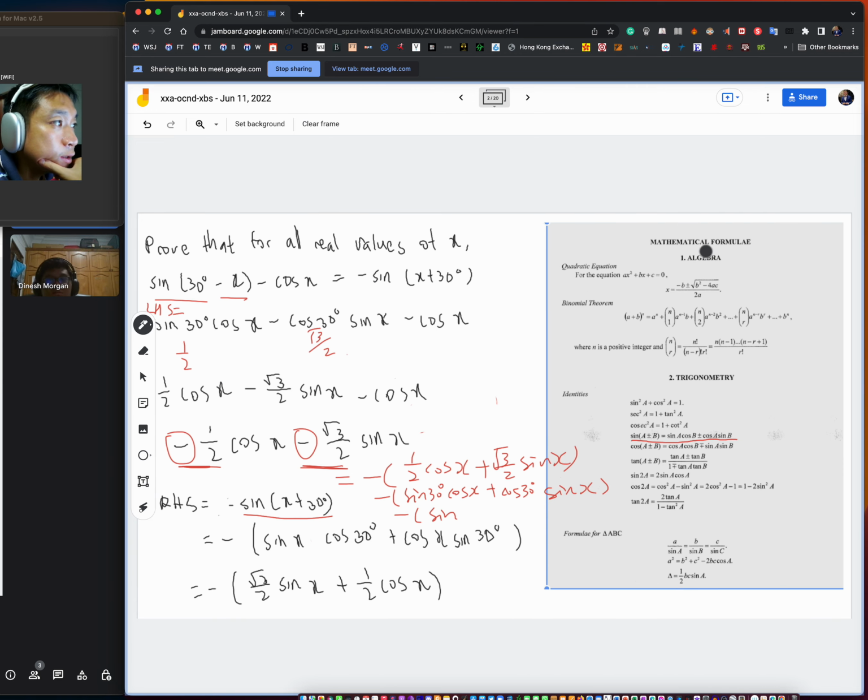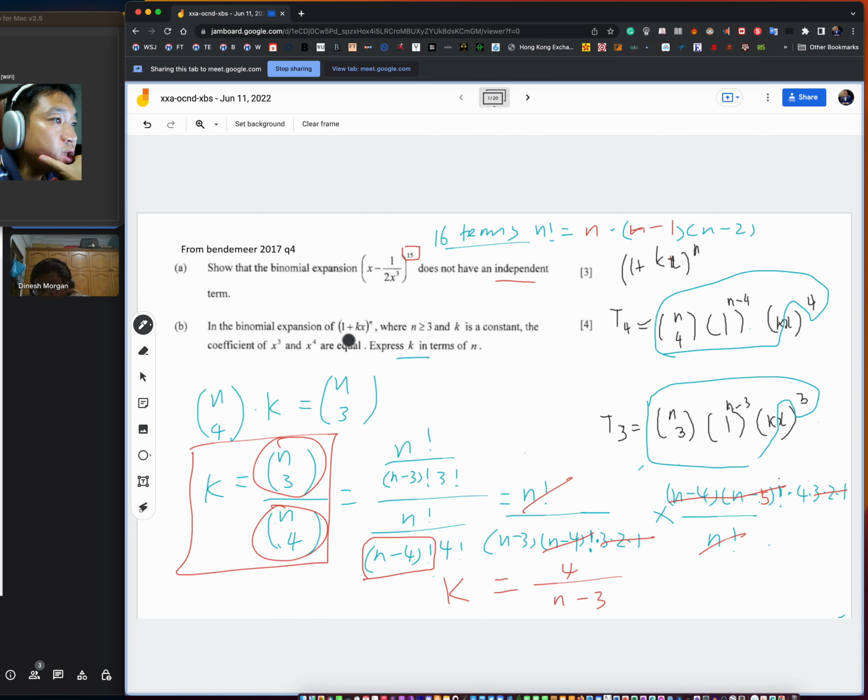Okay. Then of course we proved the left hand side equals the right hand side, and I demonstrated to you that you need to do a bit for the RHS before you can see how you can prove that left and right are equal, right? Then the last one is this question on binomial expansion.